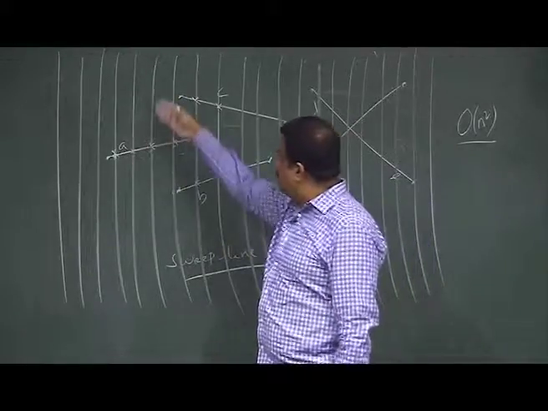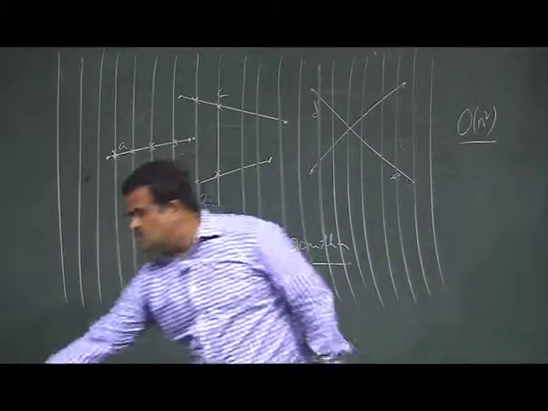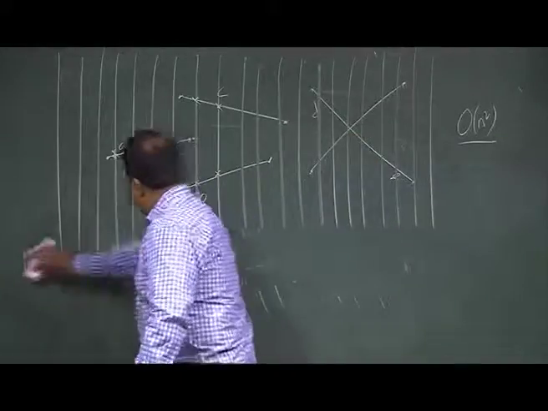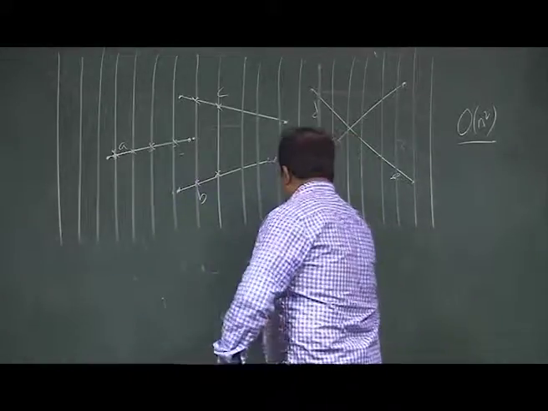So this is the y axis ordering, and the ordering is basically like this.